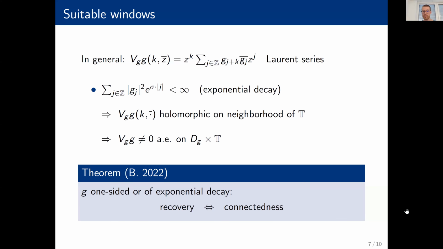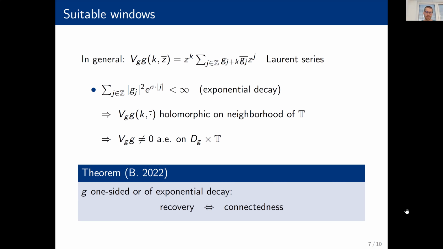And this is the following theorem. If I take my window G to be either one-sided or of exponential decay, then a signal F will be recoverable from the absolute STFT measurement if and only if its support is connected in the sense we had on the previous two slides.